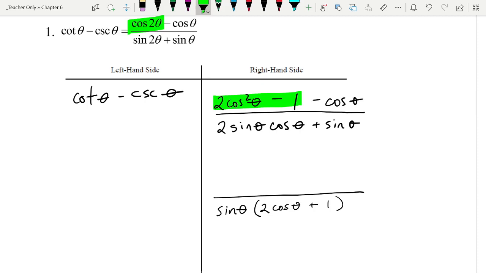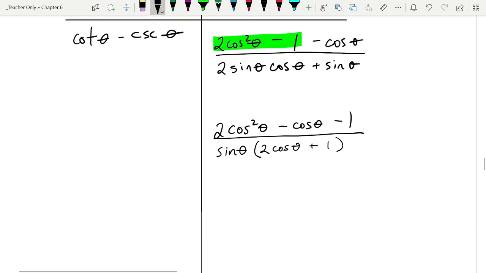Well, because I notice that if I now rearrange that, this thing has that as a factor in it. Think of this thing here, if you like, as 2x squared minus x minus 1. That factors into 2x plus 1 and x minus 1.